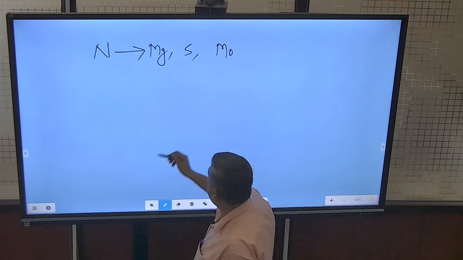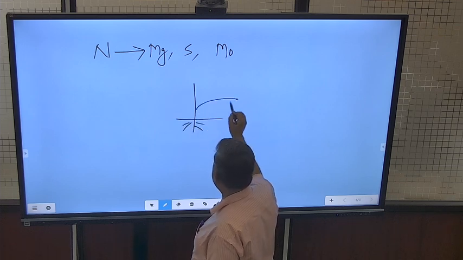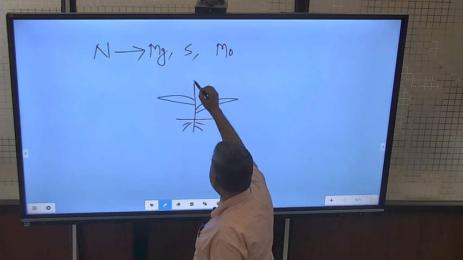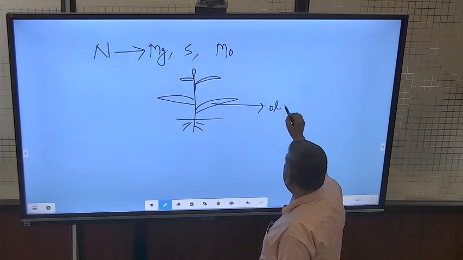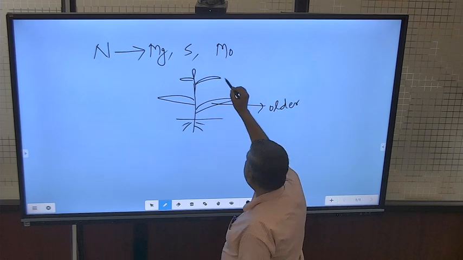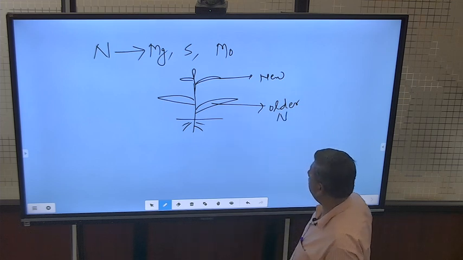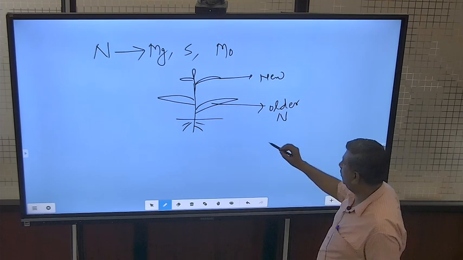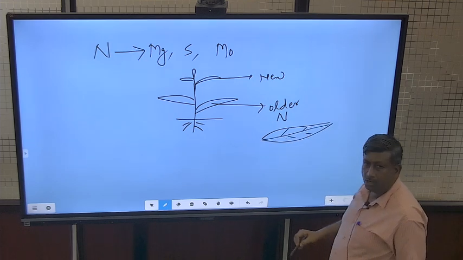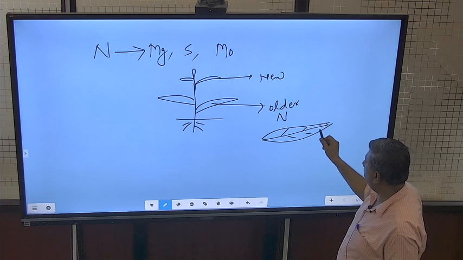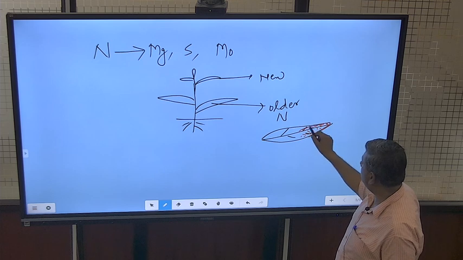If we talk about nitrogen, we can differentiate older leaves and new leaves, and nitrogen deficiency symptoms develop on older leaves. So, in older leaves there is loss of chlorophyll. Here the leaves become yellowing, and the yellowing starts from this area.